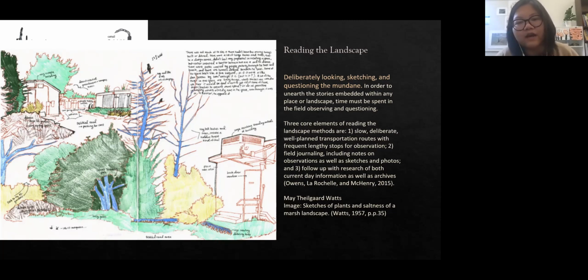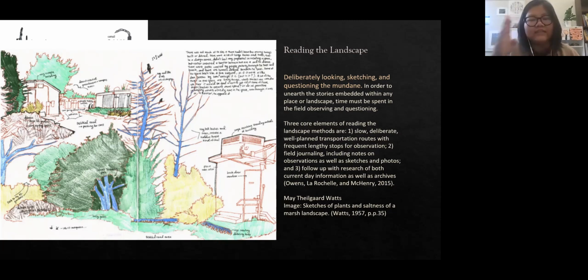And then we encourage people, whenever you go to an unfamiliar city, you can design a route for yourself, with well-planned transportation routes and frequent stops for observation. So if you are unfamiliar with the city, draw a line cutting from the periphery to the center of the city, and then to the other suburb area.